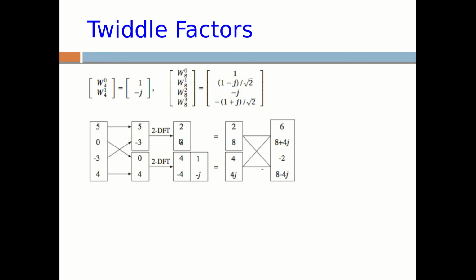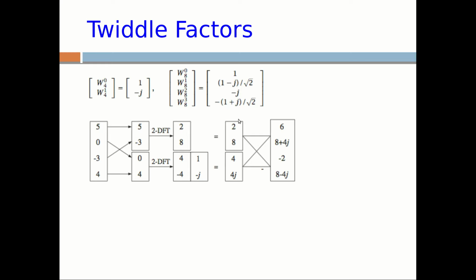Then we do the 2-point DFT, which is a plus b and a minus b, 2 and 8, and same here, 0 plus 4, 0 minus 4. And then we multiply the odd part with the twiddle factor. The even part doesn't change, it remains the same, so we have 2, 8, 4 and 4j.